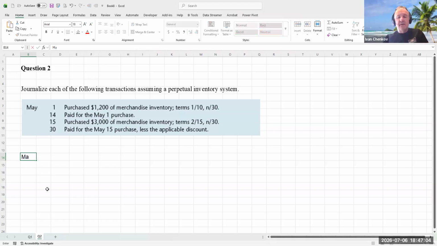First, we're going to have May first, and we're going to have our journal entry here. On May 1st, we purchase merchandise inventory on the terms 1% within 10 days if we pay, nothing if we have to pay within 30 days. So in the beginning, we're going to have debit inventory.